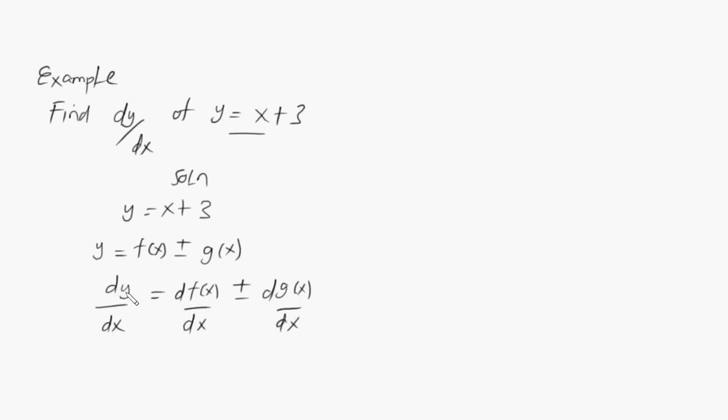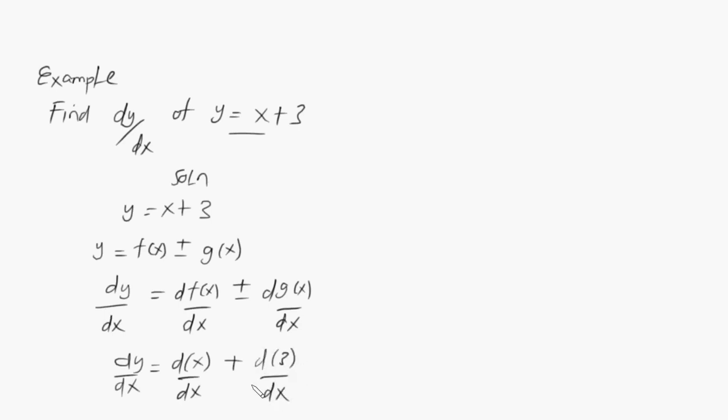Sorry, it's the derivative of y with respect to x. So this is the formula. So similarly now, for this function y equals x plus 3, the derivative of y with respect to x is just equal to the derivative of x with respect to x plus the derivative of 3 with respect to x.